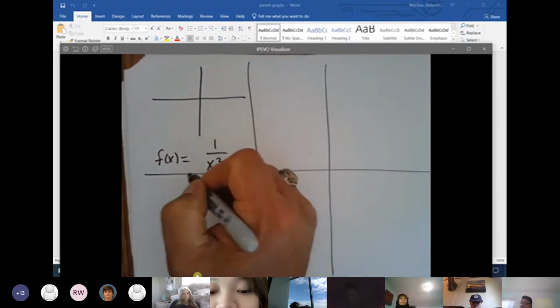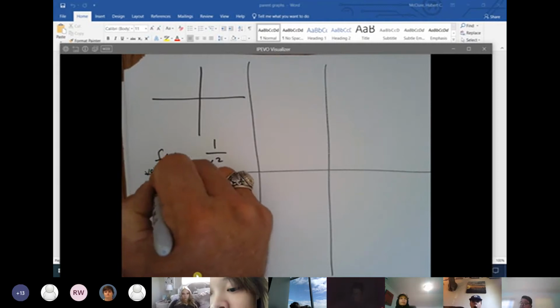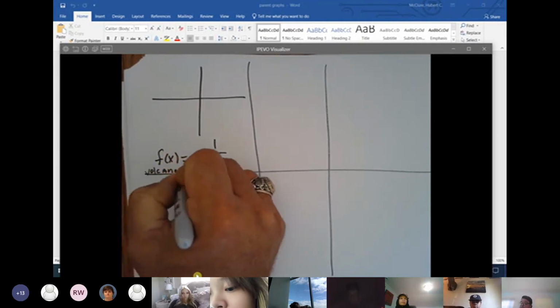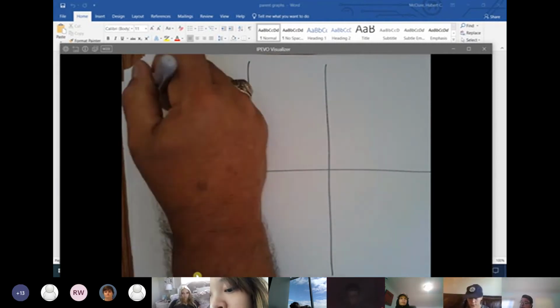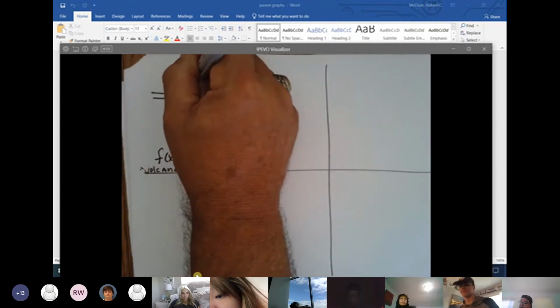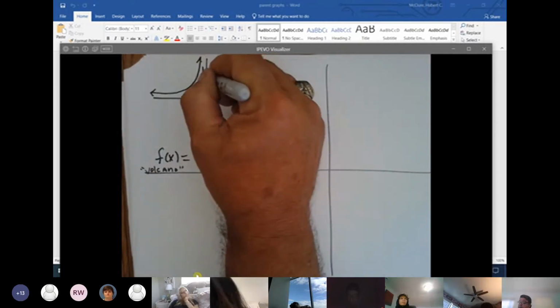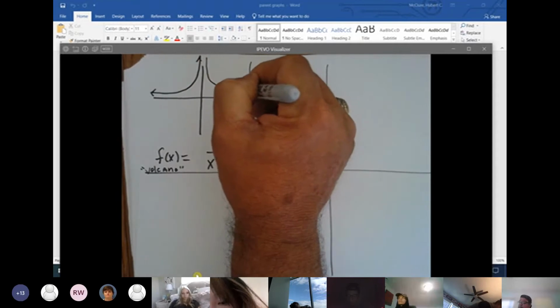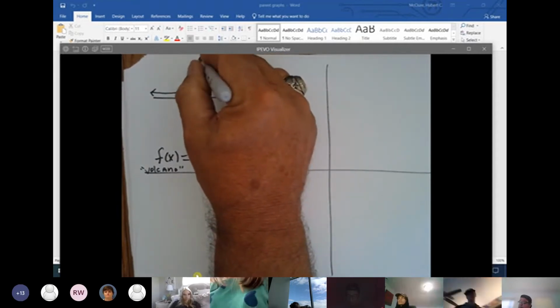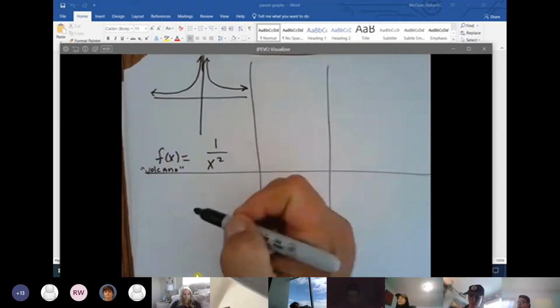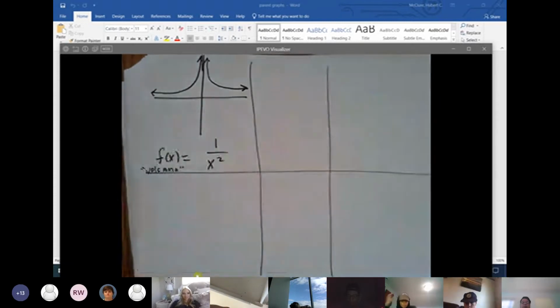This is the volcano. It looks like a volcano. So we know this looks like a volcano.